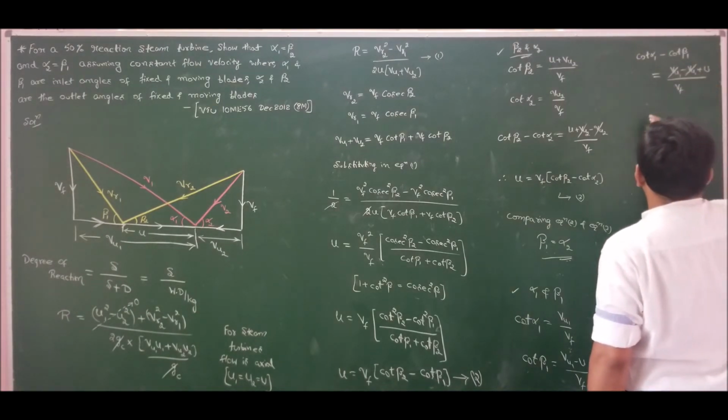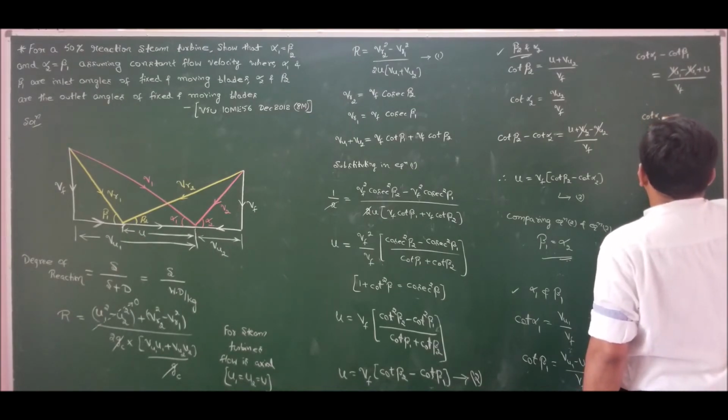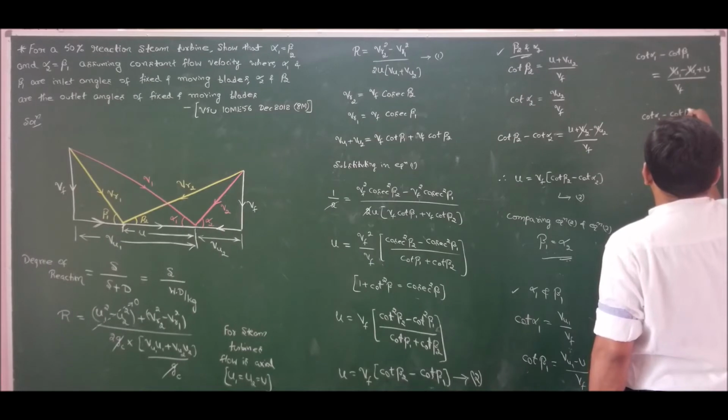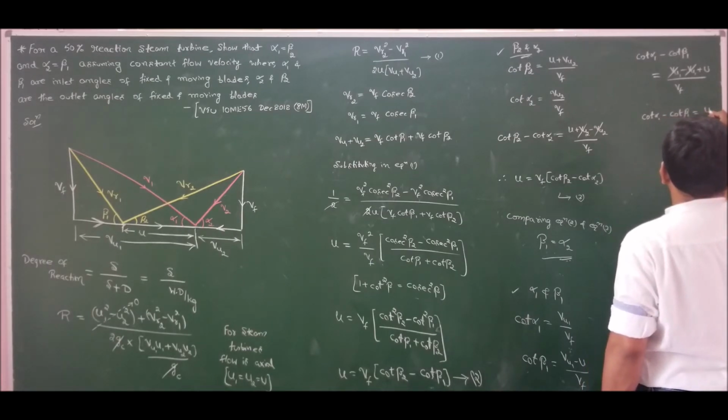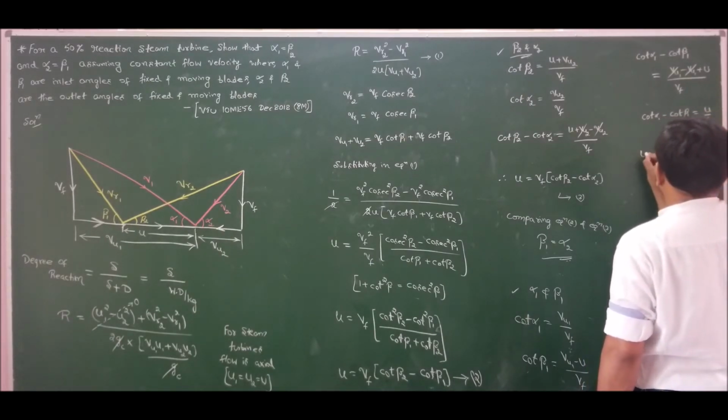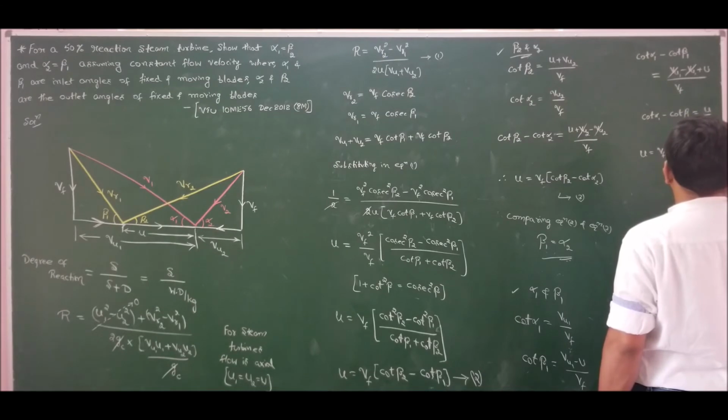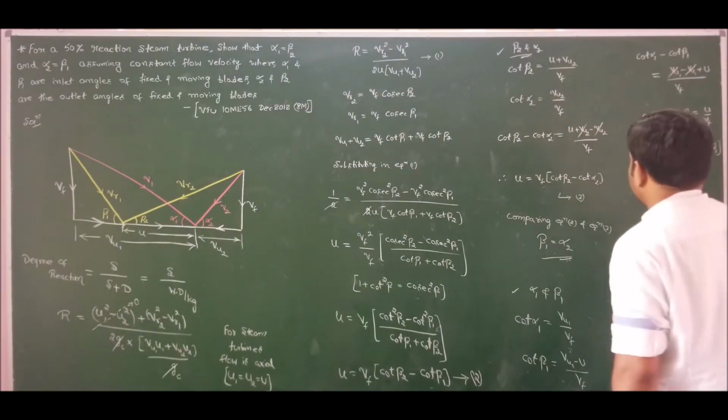Cancelling Vu1, cot alpha 1 minus cot beta 1 is equal to u by Vf. Hence u is equal to Vf of cot alpha 1 minus cot beta 1. Take this as equation number 4.